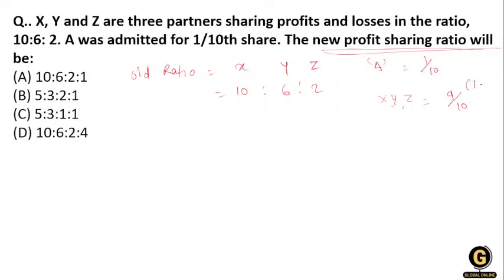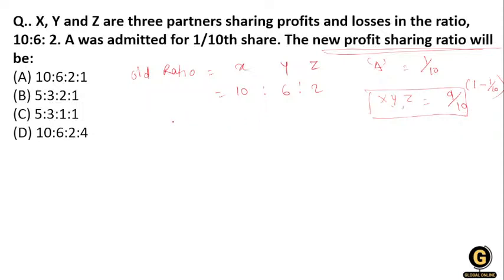If the whole share is 1, then 1/10 comes to A's account, and the remaining 9/10 comes to the account of partners X, Y and Z. So 9/10 we have.